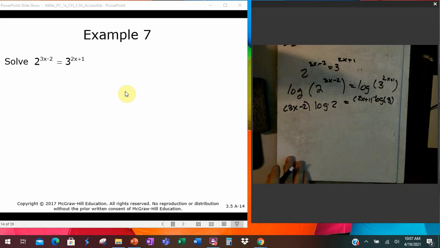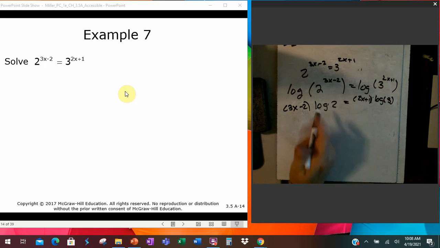The reason I want to do this one is because for me to solve this, I've got to distribute everything out. It distributes among both of these things.